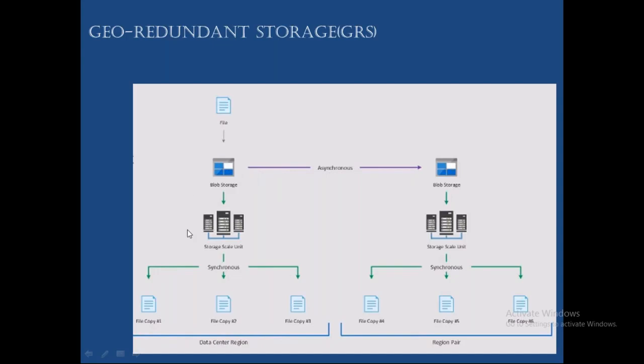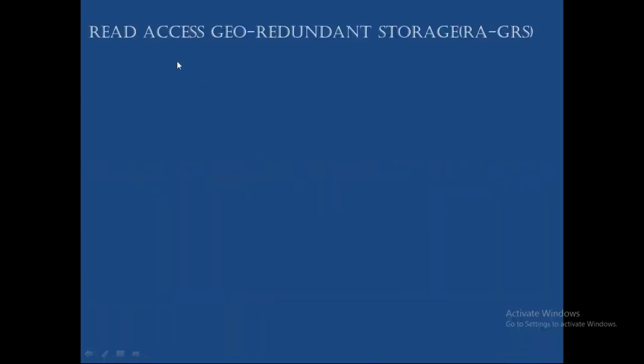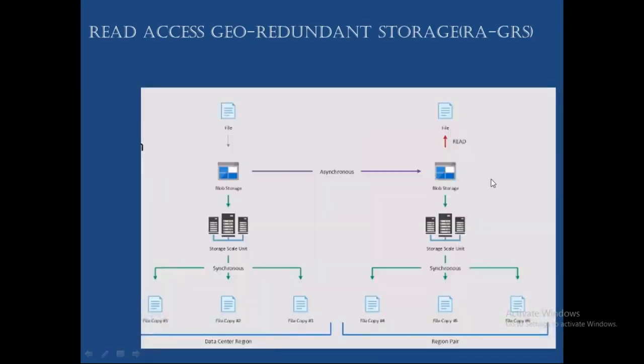In case of disaster, if you lose the primary, the data will be copied from the availability zone that holds the 3 backup files. Now the next one, read access geo redundancy. The only difference is that you can also read those 3 copies. That is the 4th option, read access geo redundant storage.